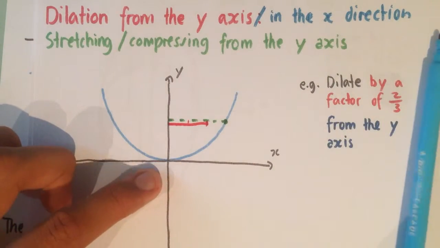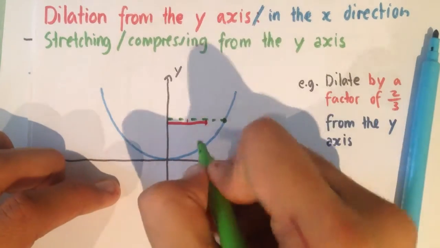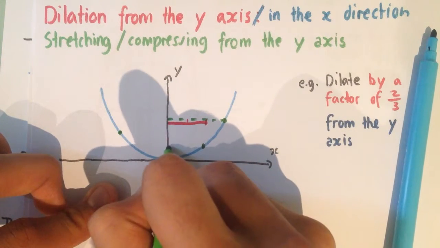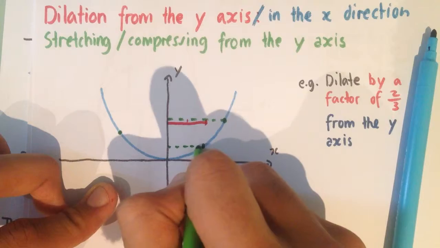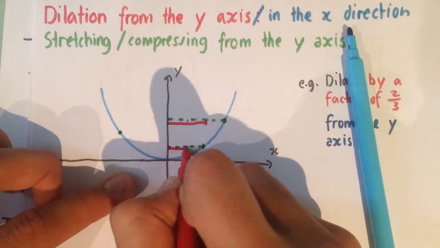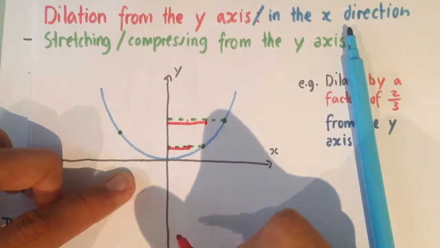Okay? Let's do the same thing with another point. Let's do it with this point, and I'll also do it with this point. The distance from the y-axis is that green line. 2/3 of that distance is there. So that's the new point.